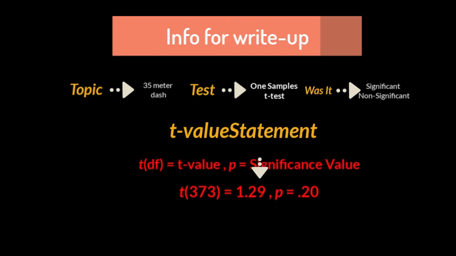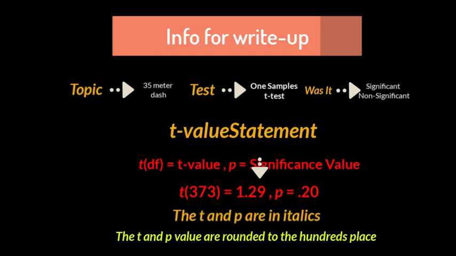You see how it's written for this one: t, no space, open parentheses, 373 as the DF, close parentheses, equals 1.29, comma, p in italics, space, equals, space, 0.20. The t and the p are in italics, and all the numbers are rounded to the hundredths place.